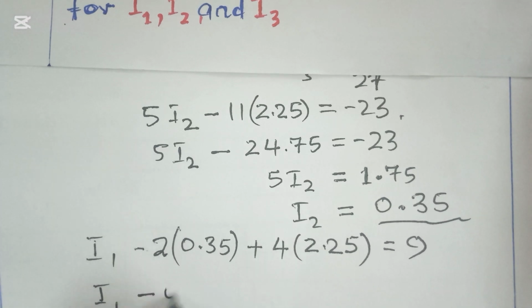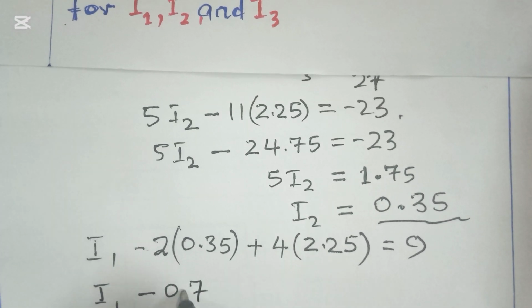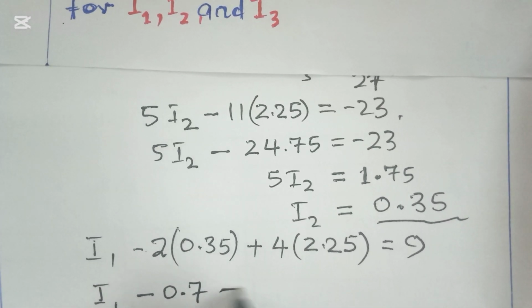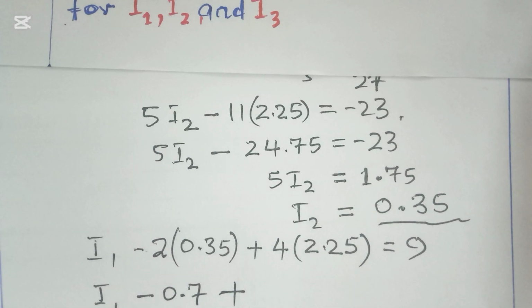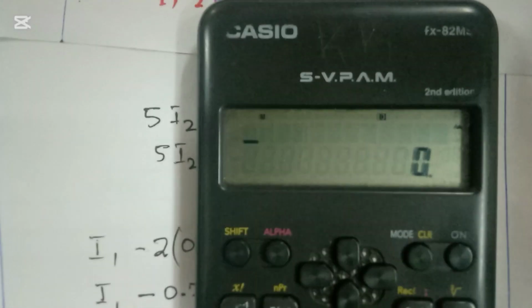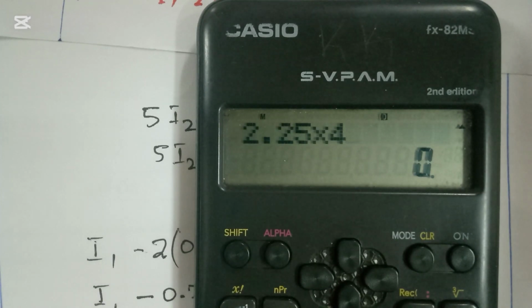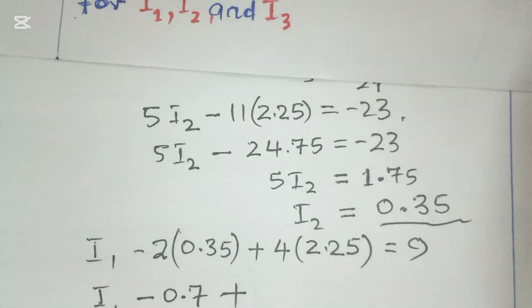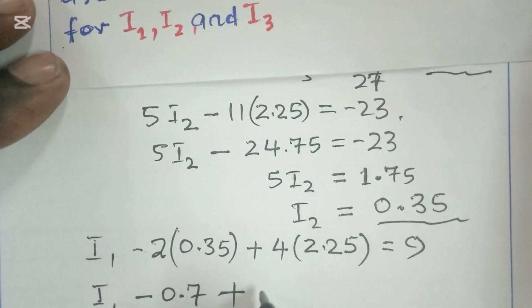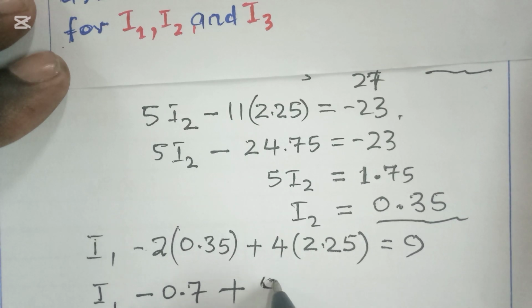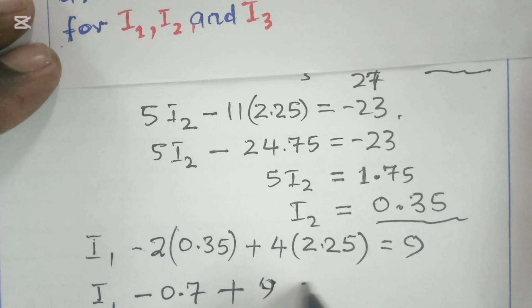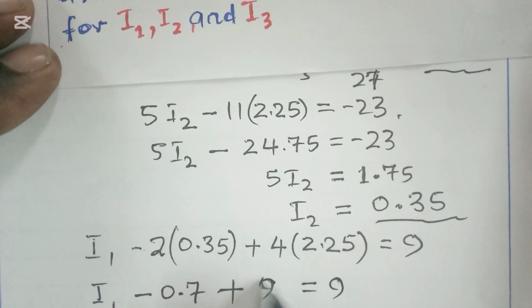This is 0.7 plus we multiply 2.25 times 4, we get 9. So this one gives us 9 like that.